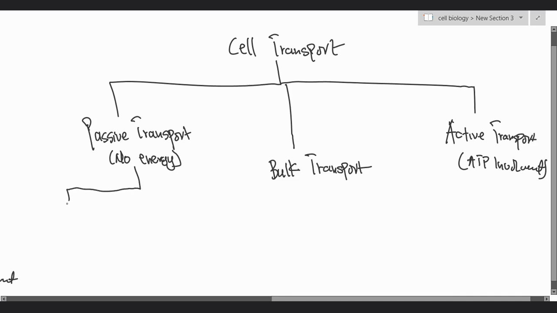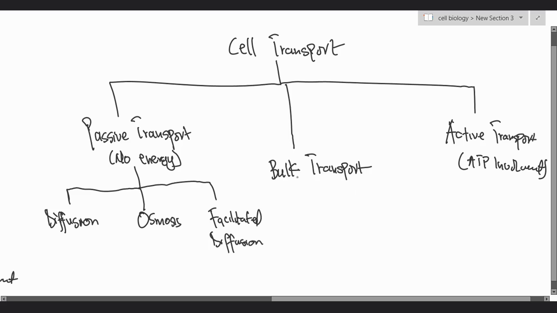Now, when we take the passive transport, we will have transport such as diffusion, osmosis, and then facilitated diffusion.